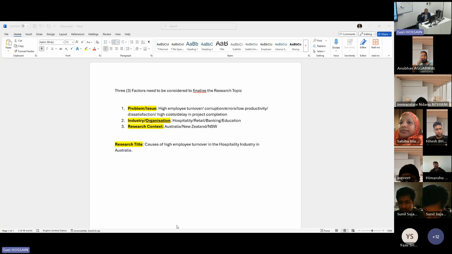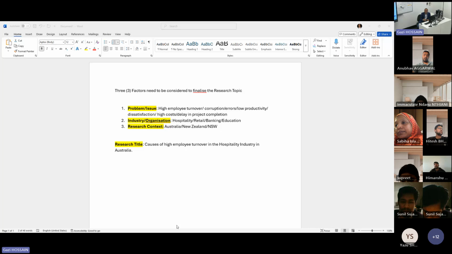Under the higher education industry, for example, Sydney University, UNSW, UTS, KOI, all the public and private universities in Australia are included. Together they make the higher education industry.